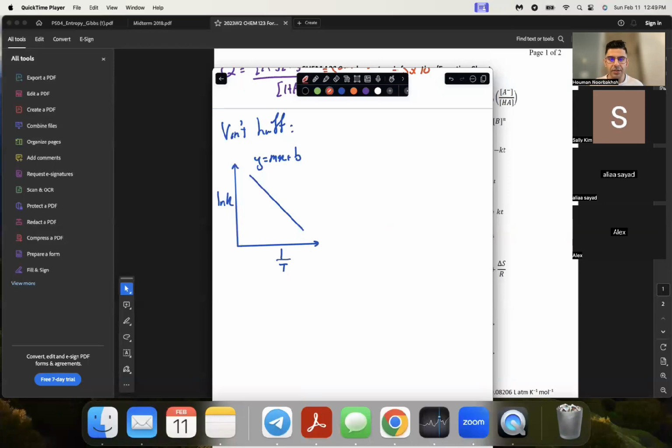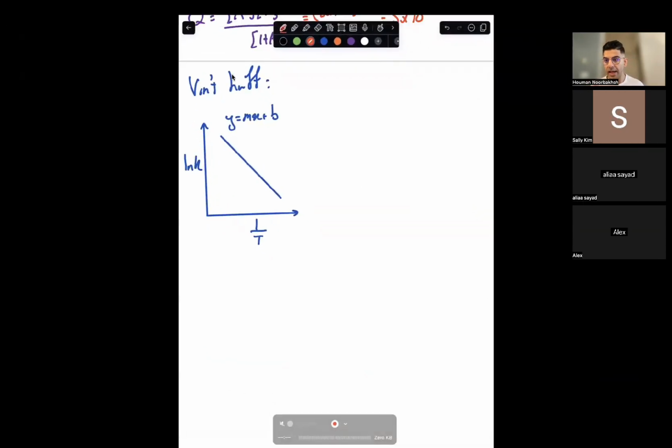But here's the thing: the slope and the y-intercept are meaningful. The m, which is the slope, is equal to minus delta H naught over R. When I say minus, I mean people forget about that. R has to be in joules.